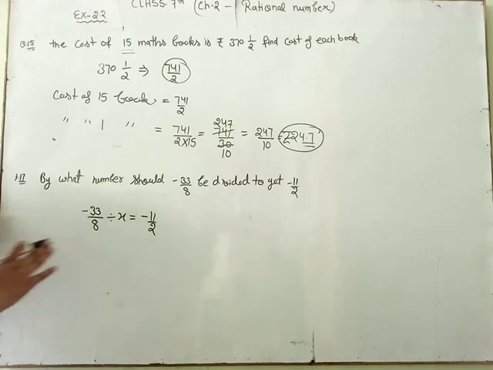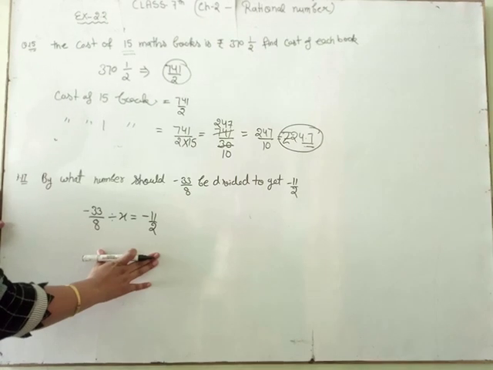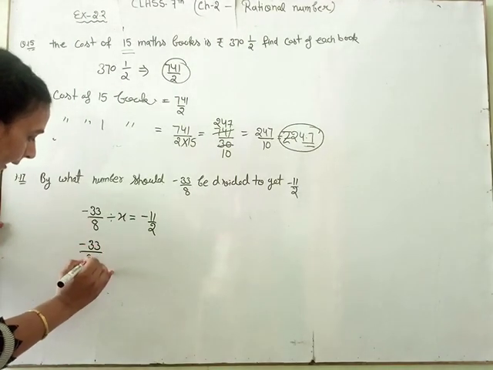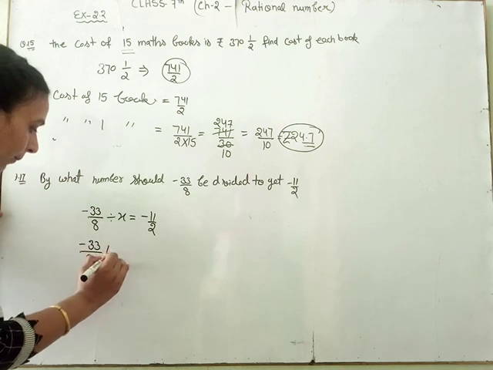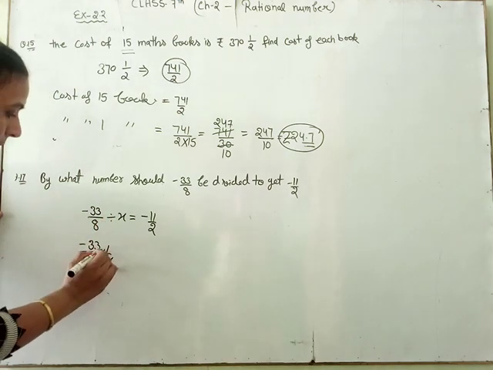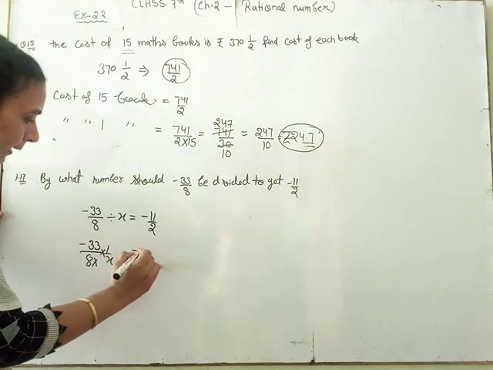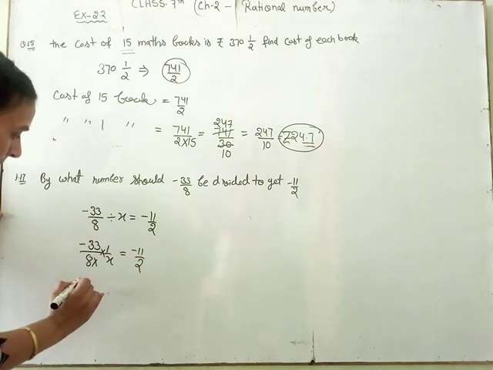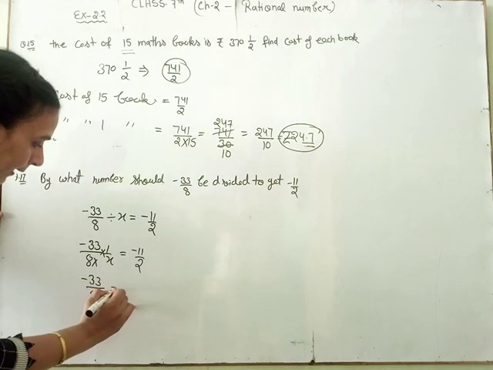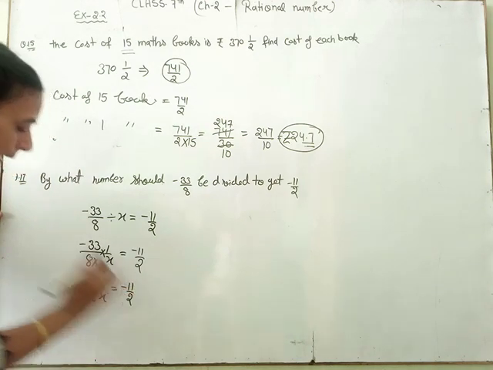Okay, then we write minus 33/8 divided by x, which means multiplied by 1/x. In place of this we write 1/x multiplication, that is minus 33/8x, and this equals minus 11/2.